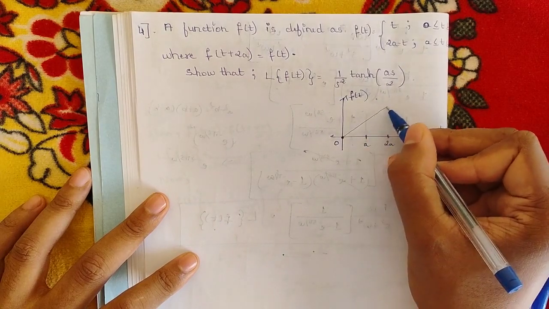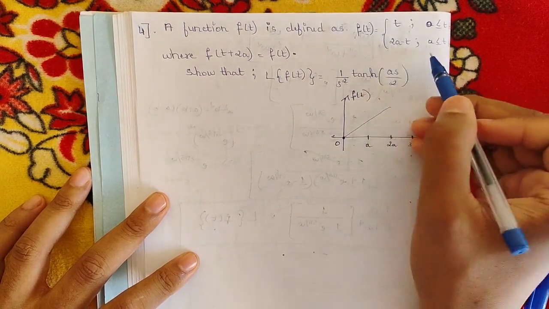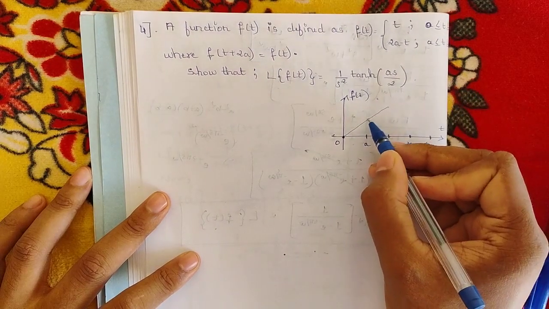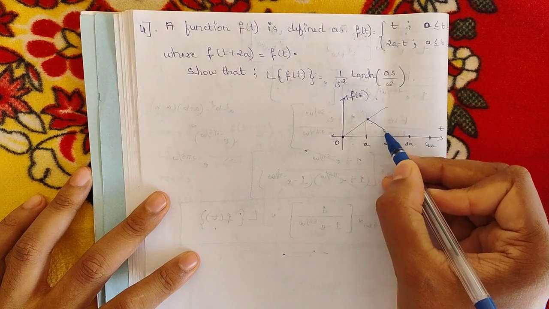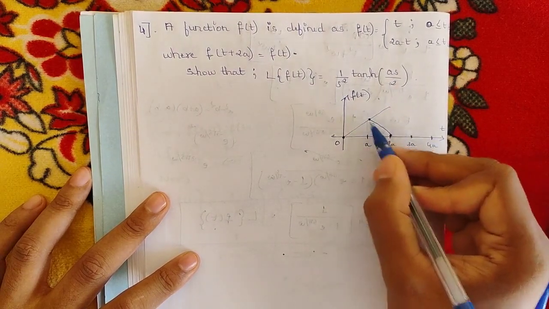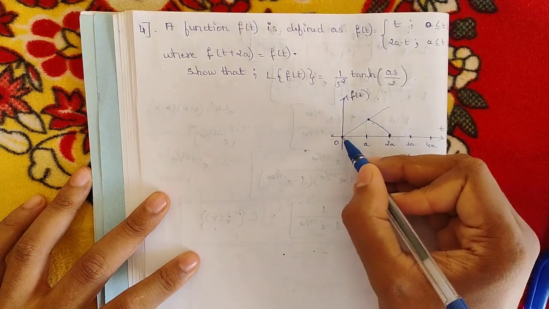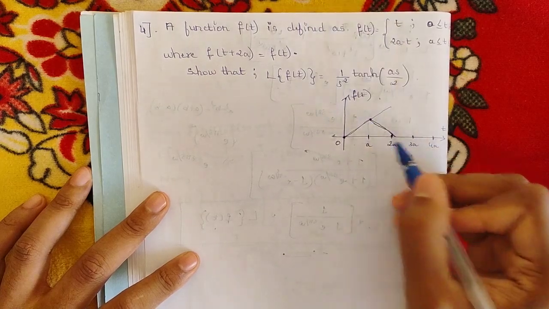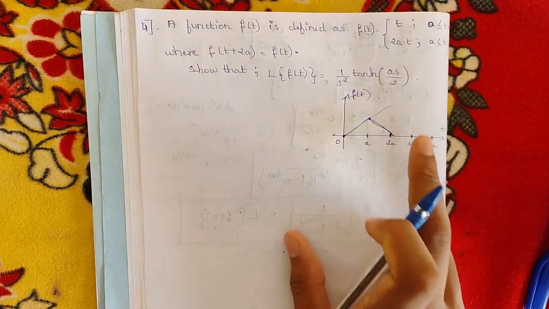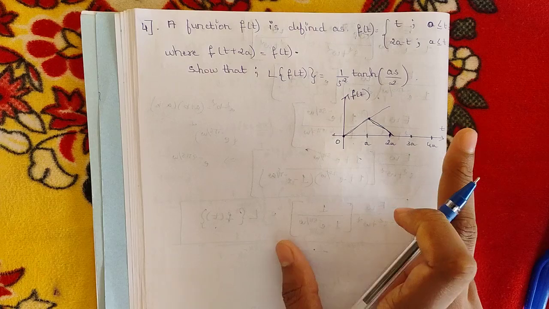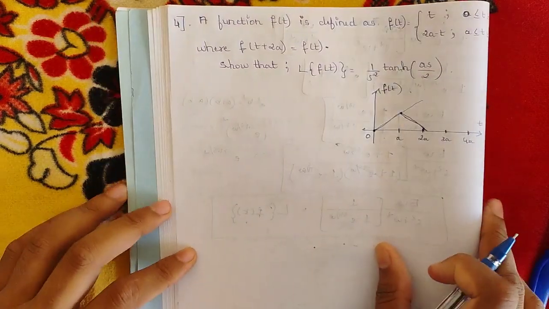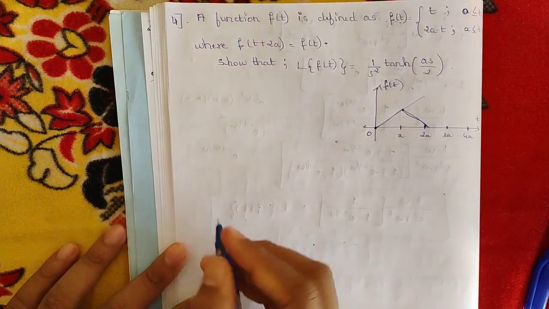And f of t from a to 2a is 2a minus t. So from this point itself, minus t, it would be coming down. So it would be repeating like this. So this is a single time interval waveform. This is of the form of a triangular waveform. Okay, this question is a triangular waveform.